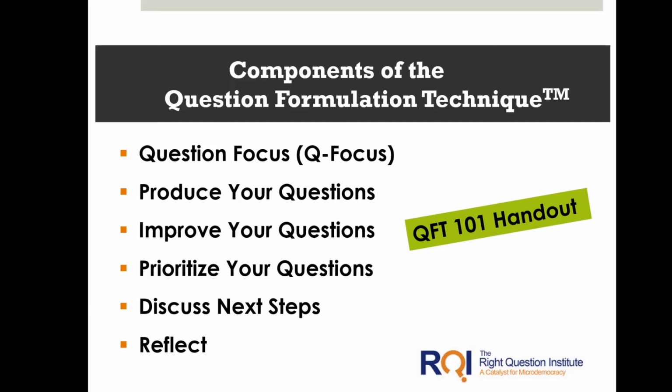They will produce their own questions. They will improve those questions. They will prioritize them. And then discussing the next steps is, what are we going to do with this information we've learned about our content? So those are the most important 5-step processes.